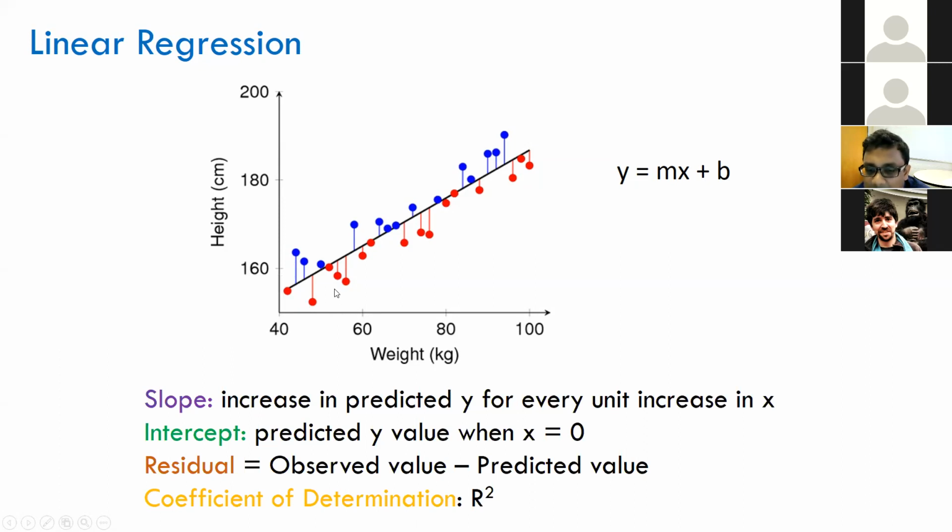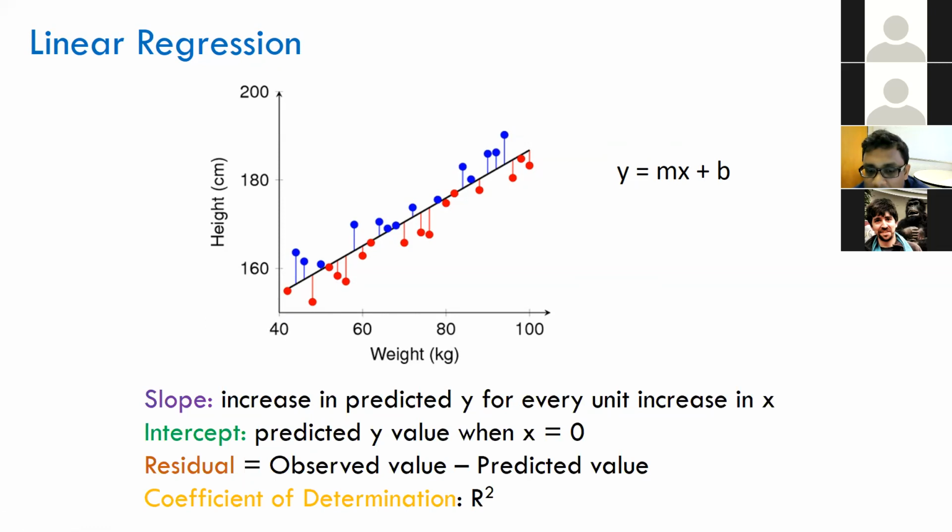So it's kind of a rate. So doesn't matter whether it's a kilogram or gram, but if you change one single unit of x, how much change in y? That's your slope. And then the intercept. Intercept is the y value when the x is 0.